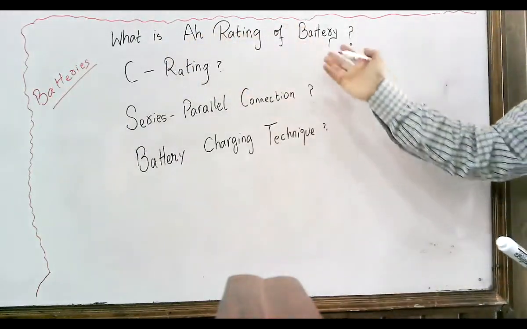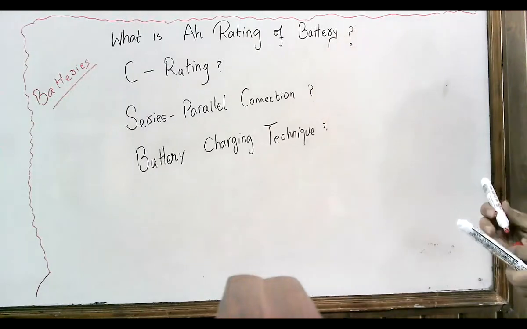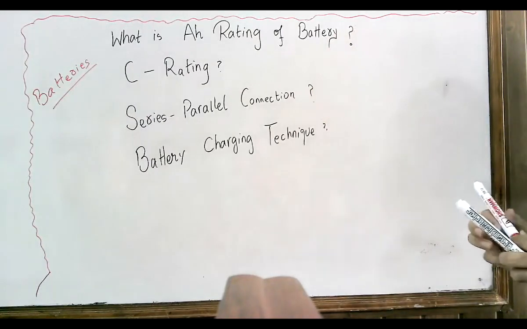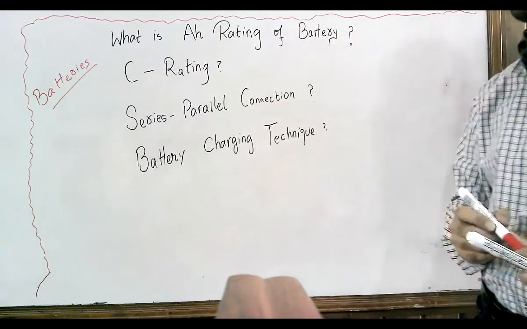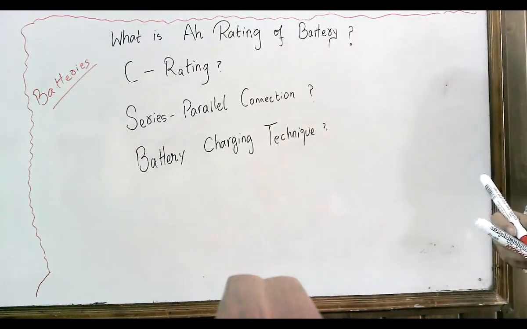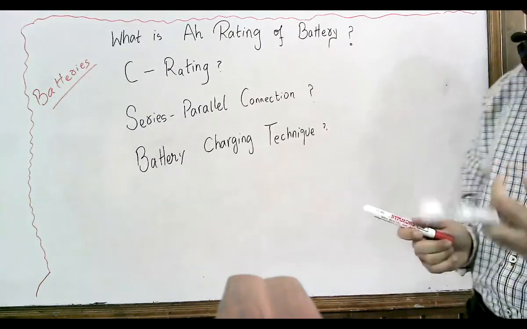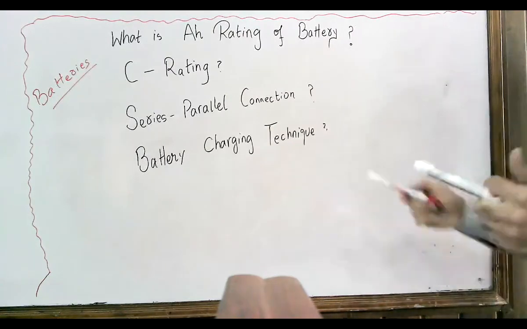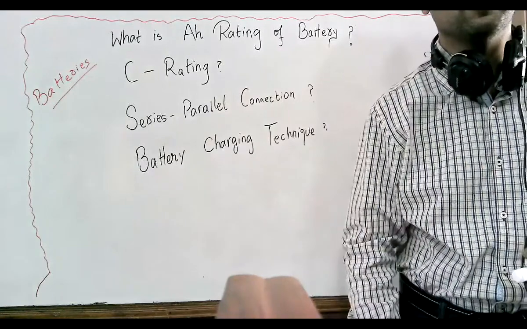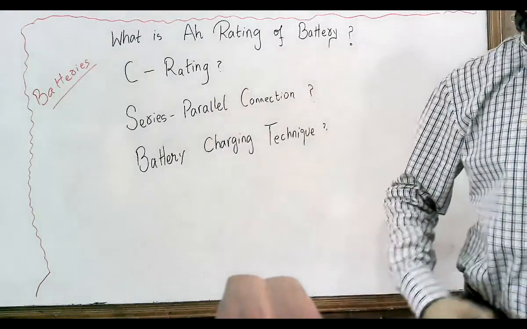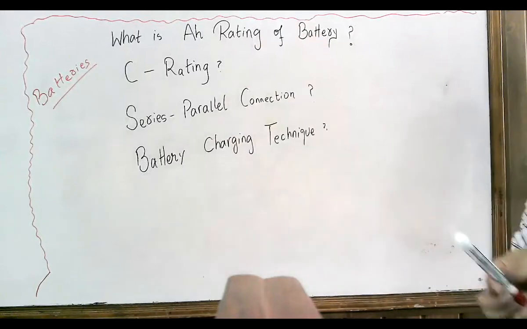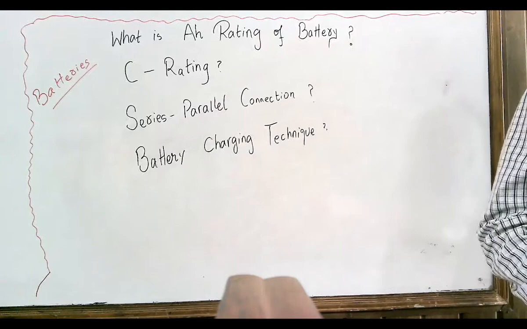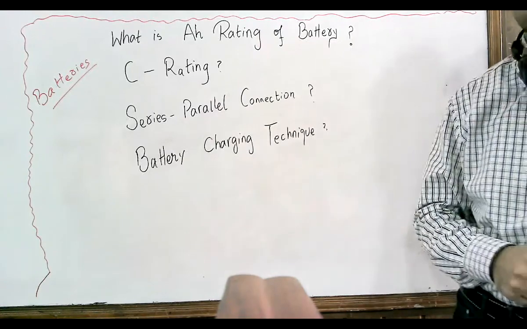This is a very typical and general rating mentioned on batteries by the manufacturers. Most people do not have a proper understanding of what is meant by the ampere-hour rating of the battery. So in this lecture, we are going to discuss this in a precise manner, and whatever the true concepts are, we will discuss them in today's lecture.